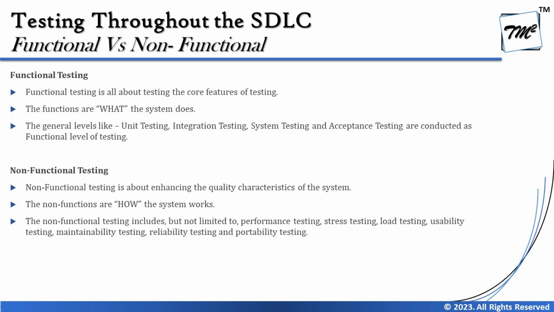Functional testing is all about testing the core features of the application, and the functions are what the system does. I think this is very easy to correlate: when you talk about any particular product, it's the base functionality, the core functionality, what you have to offer people. For example, Google Pay is an application which allows you to transfer money from one account to another account.